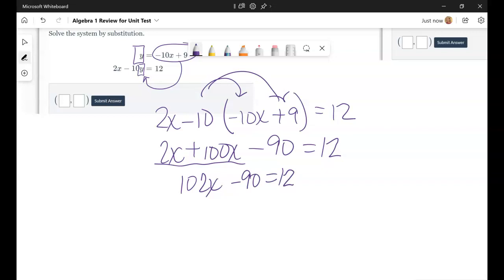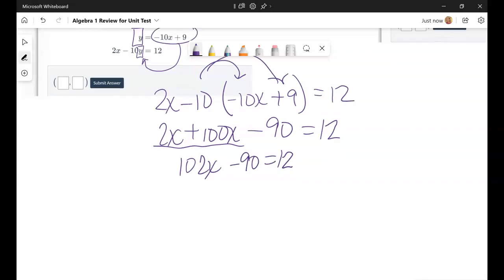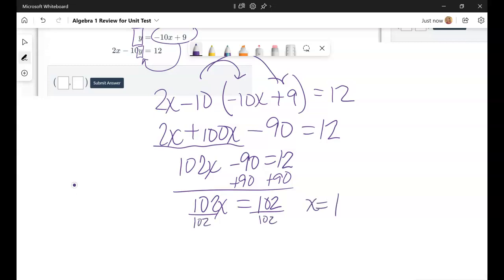What's the next step? So 102x is equal to 102. Divide. What's x? 1.